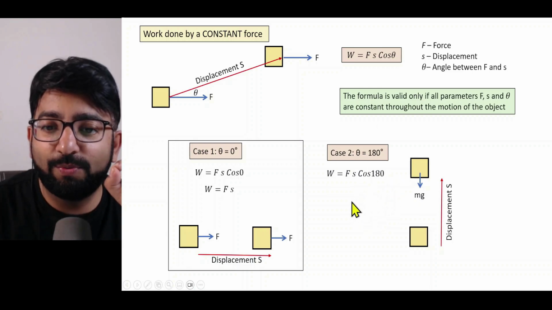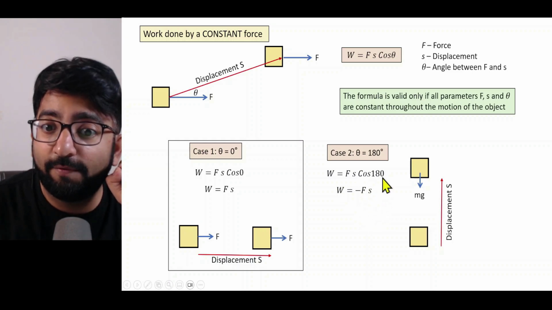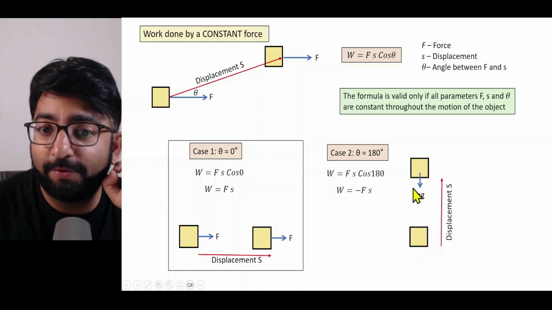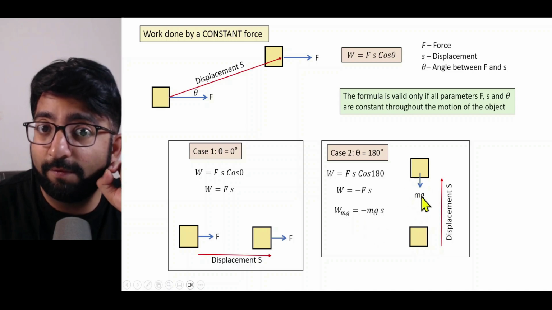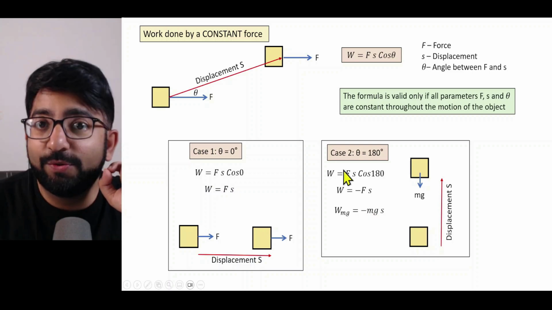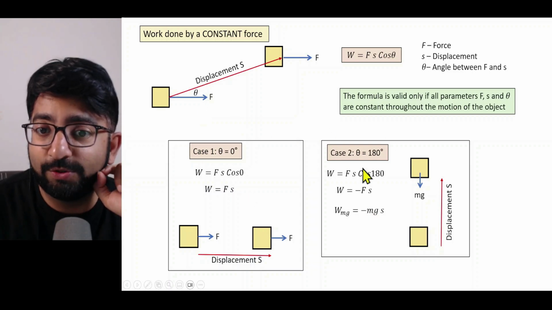Cos 180 is minus 1. So we will write this as minus F into S. Now the value of force in this situation is mg, which was the weight of the object. Hence we can write down work done by the gravitational force mg is equal to minus mg into S. So these were the two cases which we considered, theta as 0 and theta as 180.